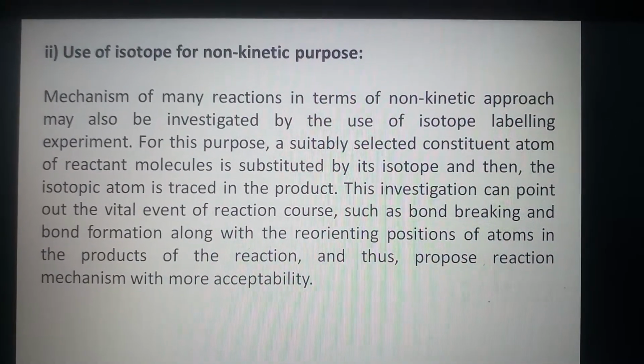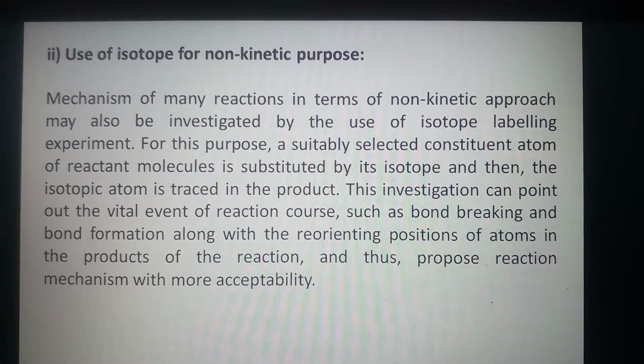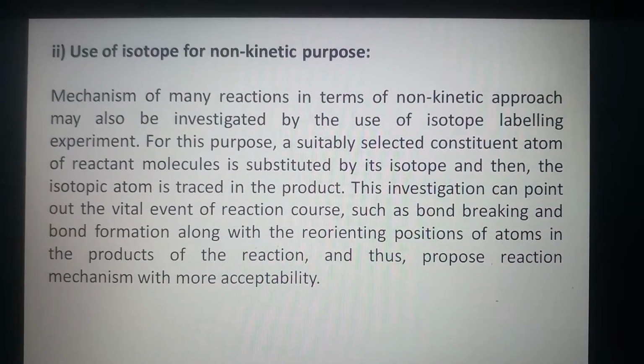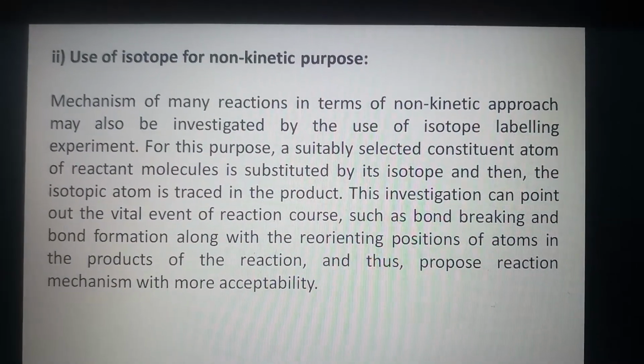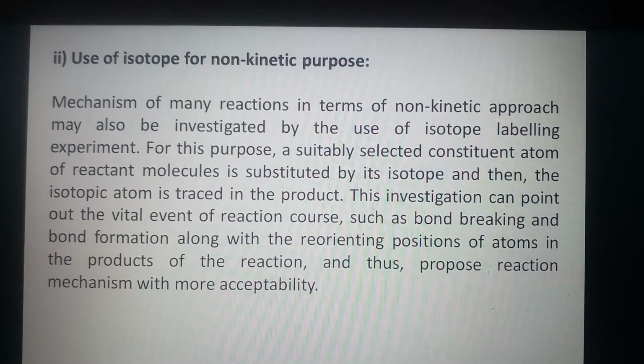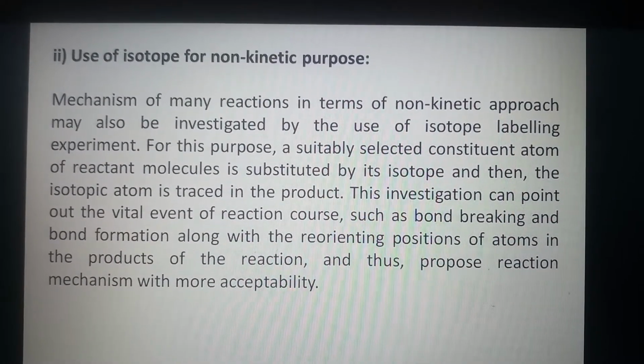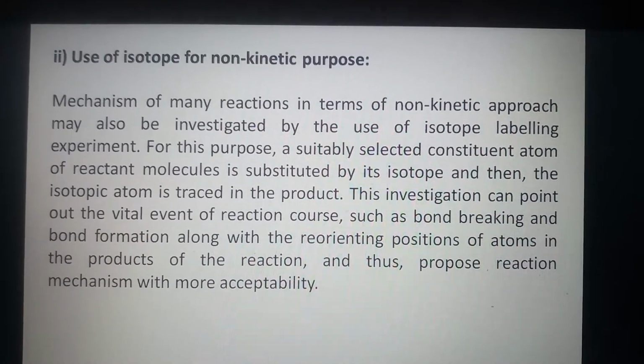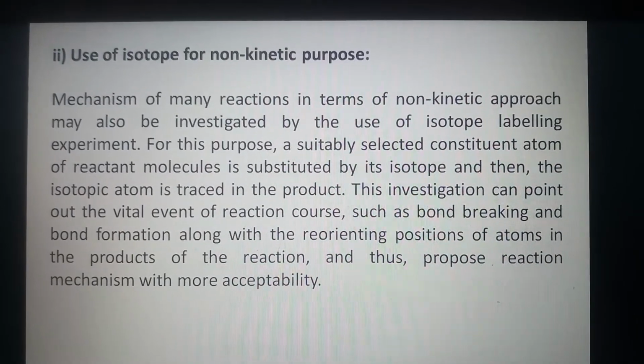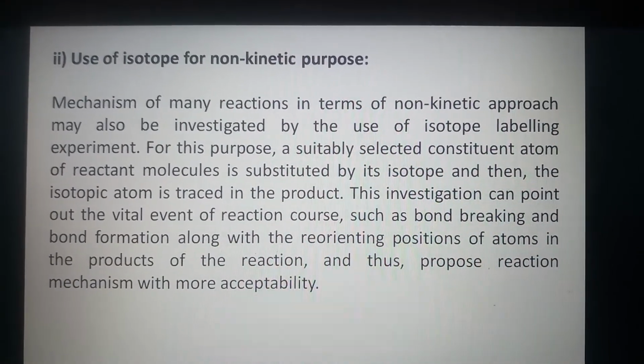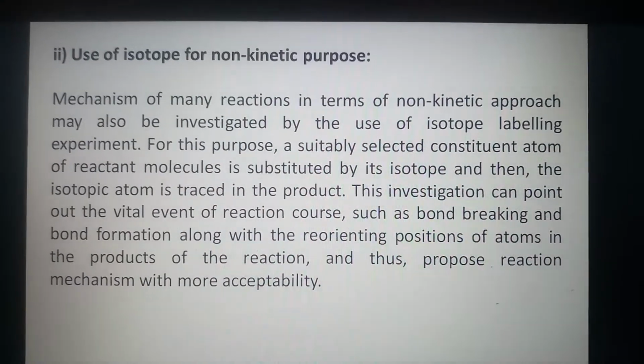This investigation can point out the vital events of the reaction course, such as bond breaking and bond formation, along with the reorienting positions of atoms in the products of the reaction, and thus propose a reaction mechanism with more acceptability.